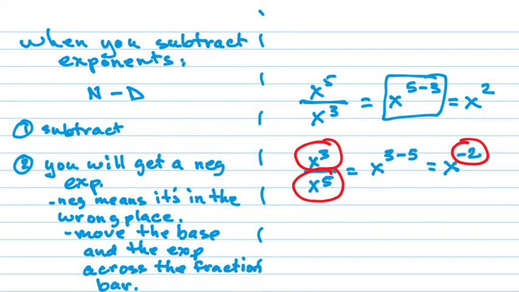If it's in the wrong spot, just move it and put it in the right spot. And when you do that, the exponent's not negative anymore. Okay? So the exponent becomes positive when you do that. Because you put it in the right spot. Okay?